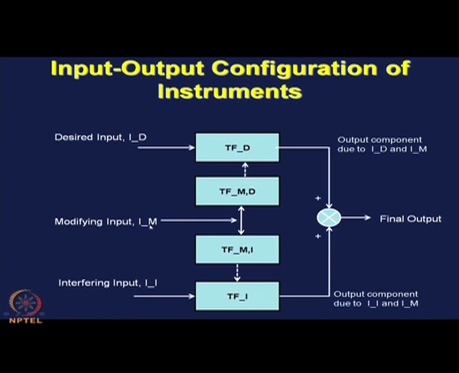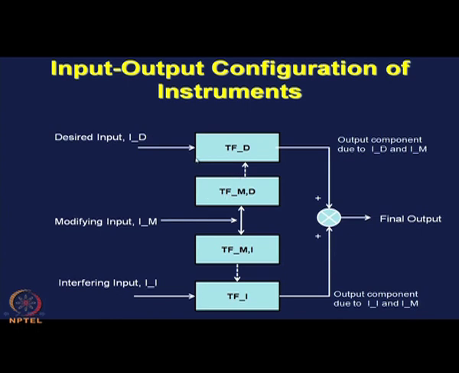And since modifying input alters the relationship that exists between desired input and output and interfering input and the output, we have a transfer function TFMD, which represents interactions between these two, and a transfer function which interacts with modifying input and interfering input.